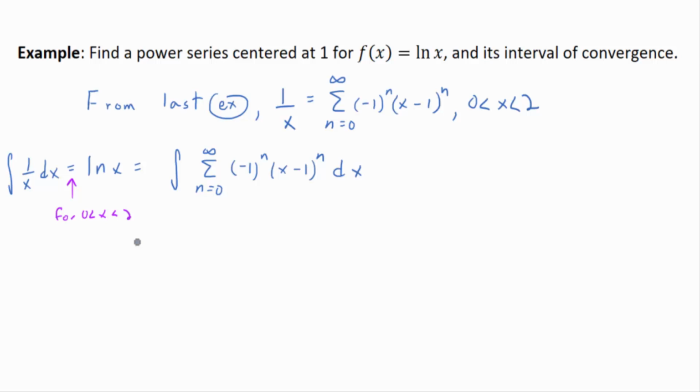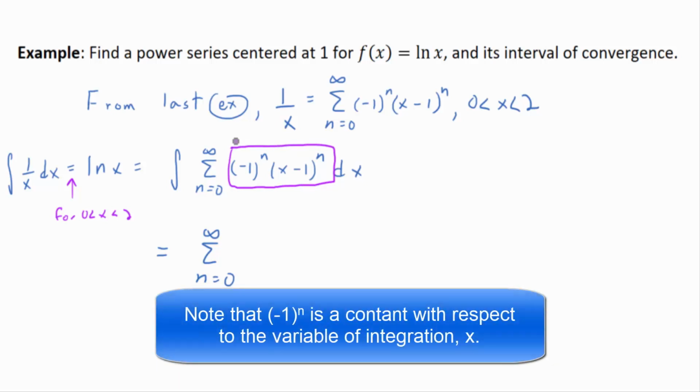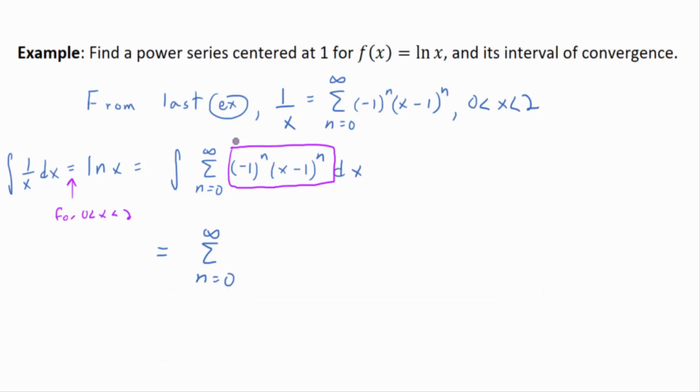So if we integrate that term by term, what do we get? This guy, you can leave the summation notation out front and then just focus your eyes on the nth term formula. Remember, negative 1 to the n, it's just a constant. Don't worry about it. Worry about integrating x minus 1 to the n. And keep the constant there, though.